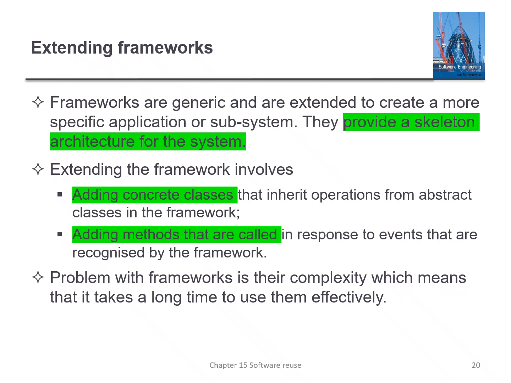So when you are using a framework, you are basically going to extend a function. You are going to add additional methods, for example, to tailor-make it for your application, right? And you can also add concrete classes that inherit operations from the abstract classes, meaning that whatever you are running, you have to refer to what is provided by the framework, and then you extend it from there.